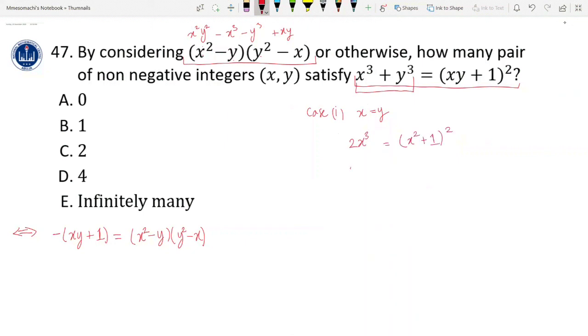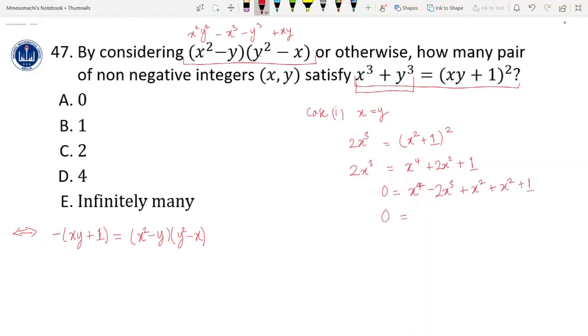So 2x cubed equals x to the 4th power plus 2x squared plus 1. This is equivalent to 0 equals x to the 4th power minus 2x cubed, and I'll split this 2x squared into two terms, so plus x squared plus x squared plus 1.